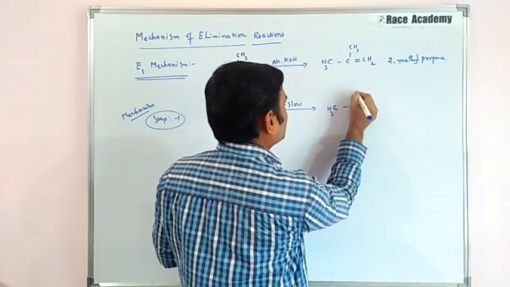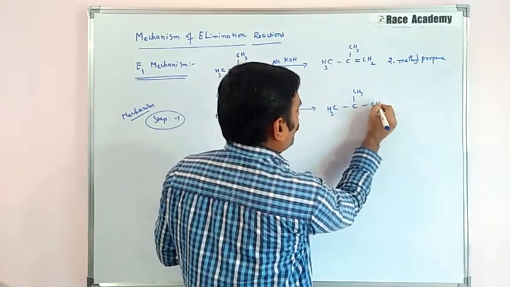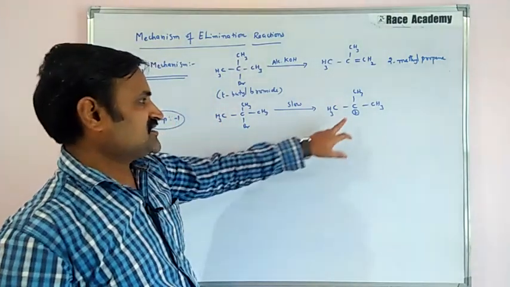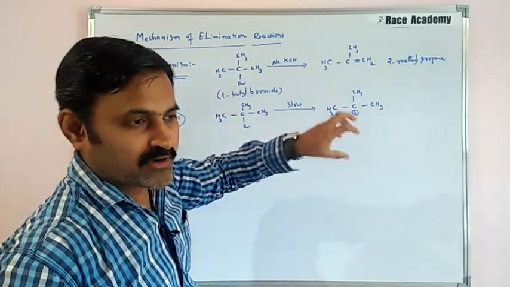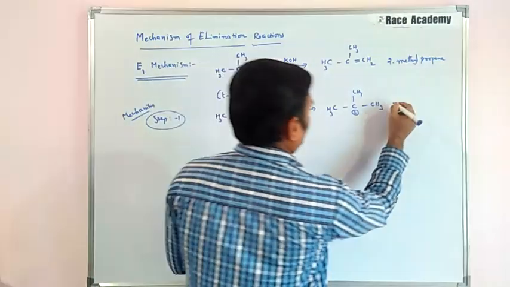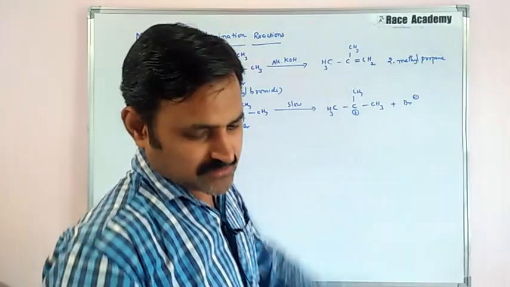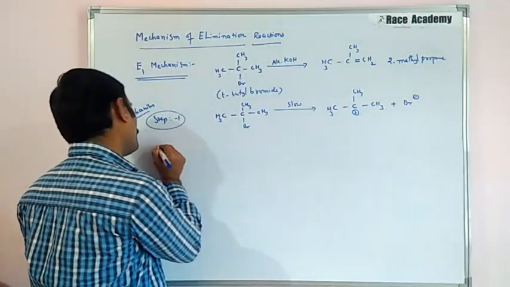If it is stable, the product will also be stable. This is a tertiary carbocation obtained along with bromide, Br minus, the leaving group. This is step 1.